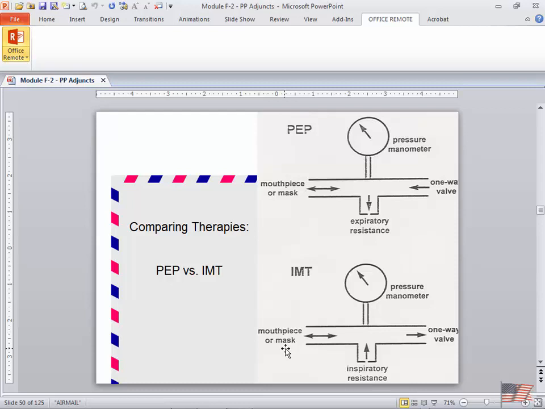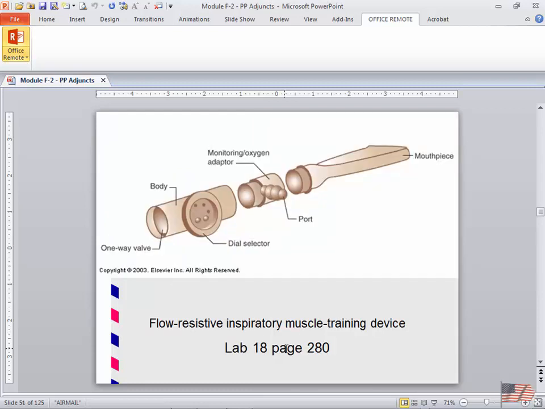With PEP therapy, remember, we took a breath in, and then when we exhaled, we had a resistor. On this one, as you take a breath in, you're breathing in through a resistor. So that fixed orifice or the threshold resistor is on the inspiratory side of the equation.